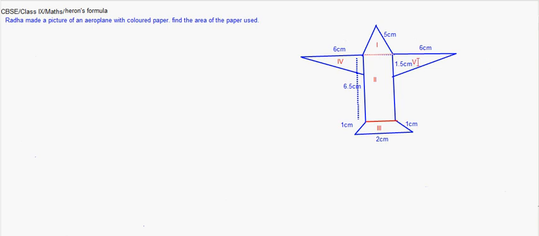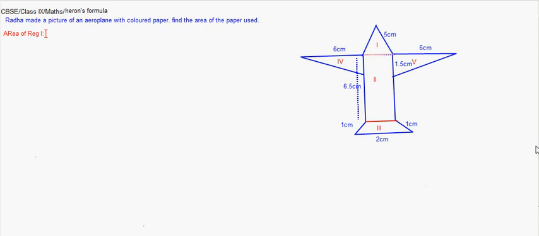Is anyone left? No. Let us now find the area of this region 1. I write it here, area of region 1. Now area of region 1 is actually a triangle.